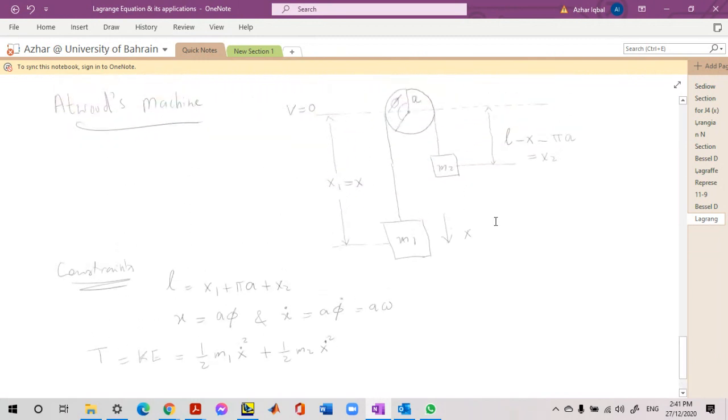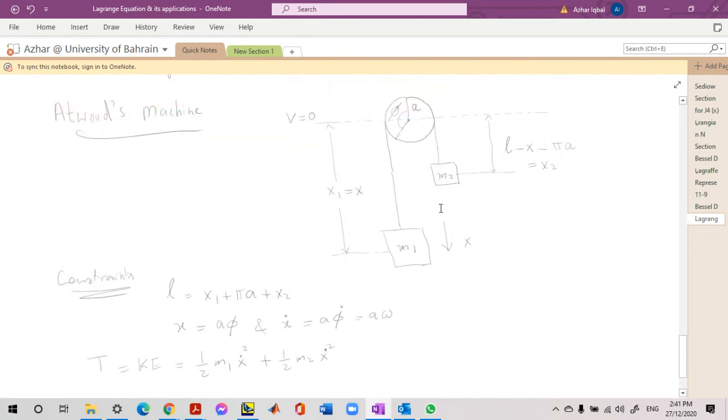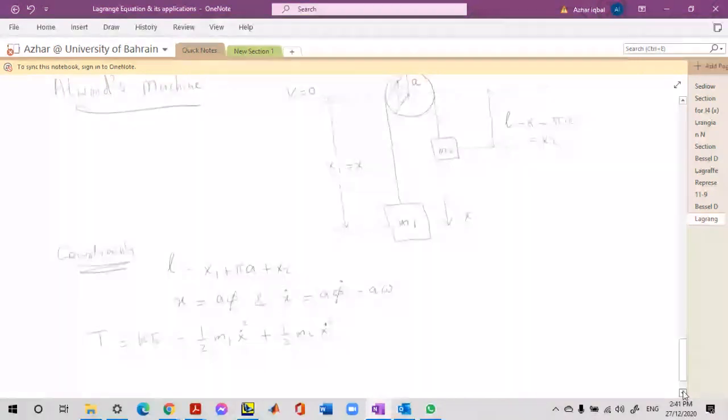Note that the velocity with which this mass moves up or down is the same as the velocity with which the mass m2 moves up and down. The two velocities are identical, the directions are opposite, but when you square them direction does not count, so you only have x dot squared for both of them. Both velocities are the same, the masses are different. So this is the sum of the kinetic energies of the two.